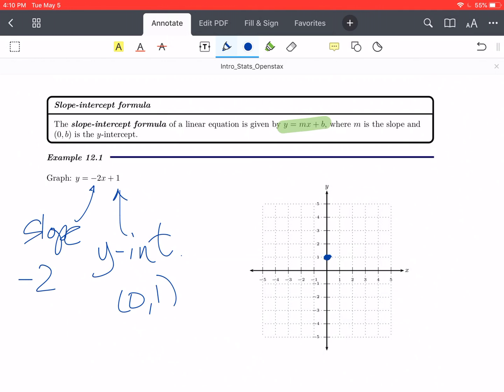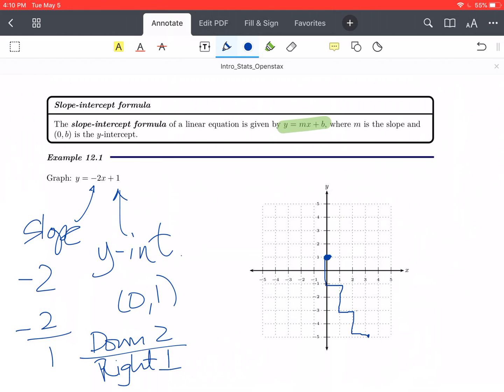Our slope is negative 2, which is the same thing as negative 2 over 1. So that's going to be down 2, right 1. We start at this point, go down 2, right 1, down 2, right 1, down 2, right 1, so you get some points plotted there.